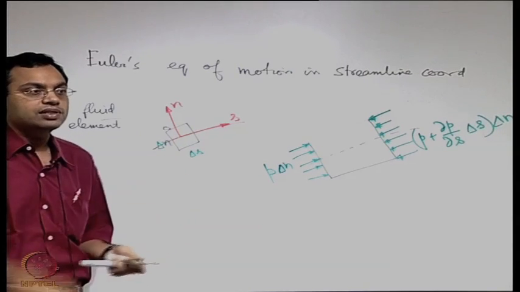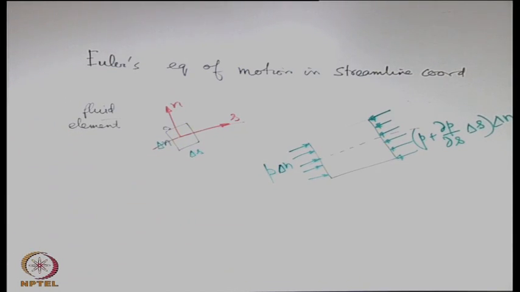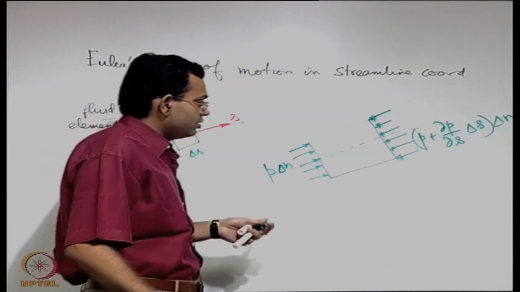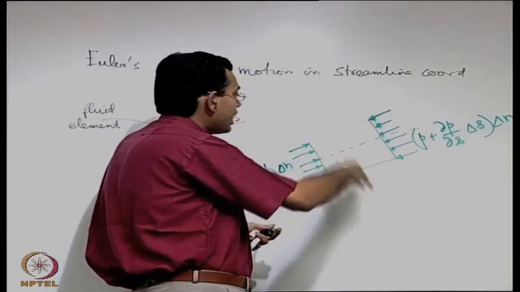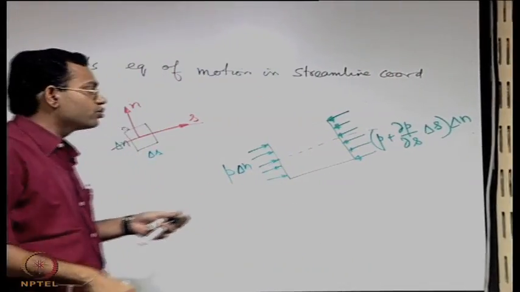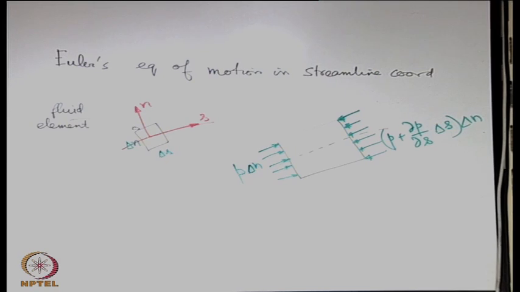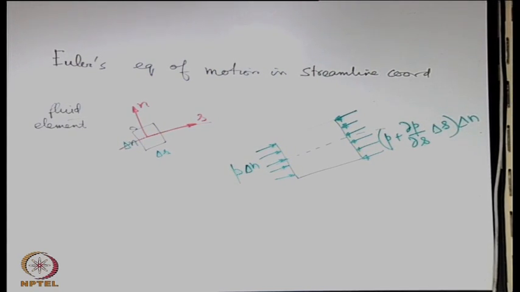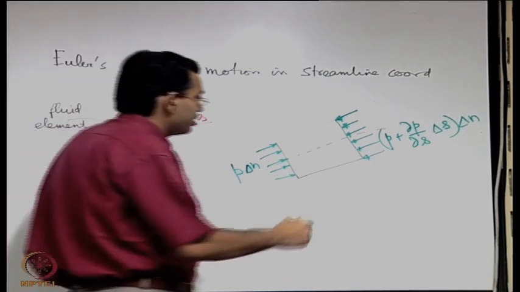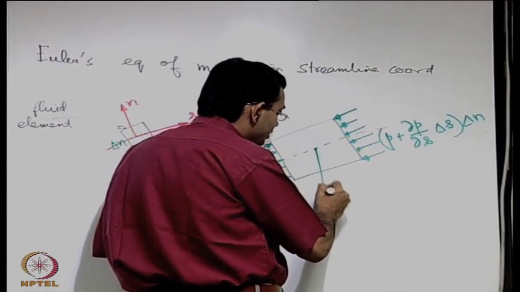So, no question of any shear component of force. Then on the other faces there are forces which are acting along the n direction. So, those will have no components along S, but something else will have a component along S. What is that? The weight of the fluid element should have a component along S. So, let us identify that.